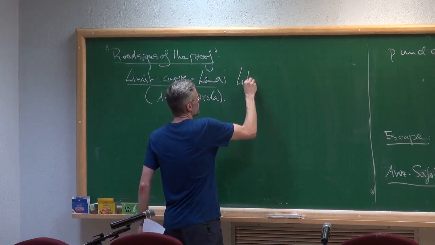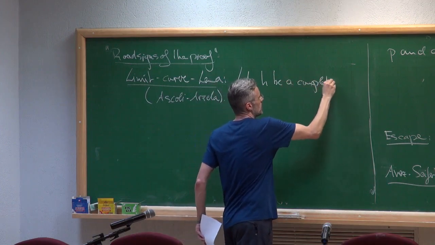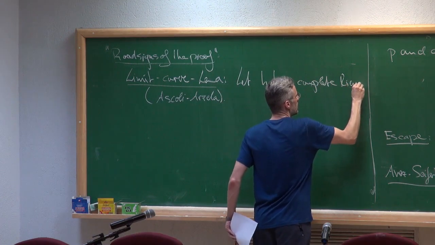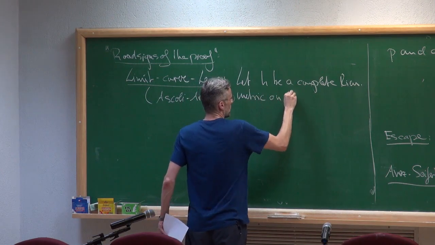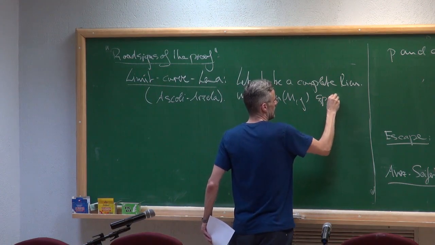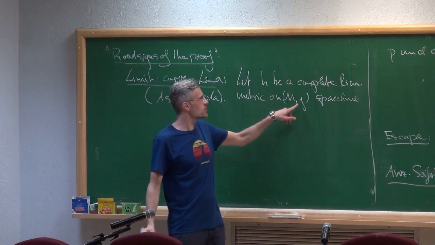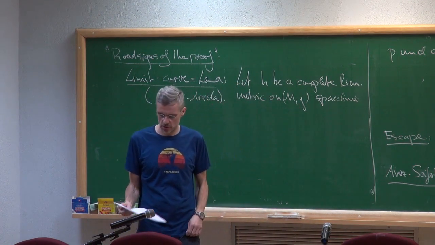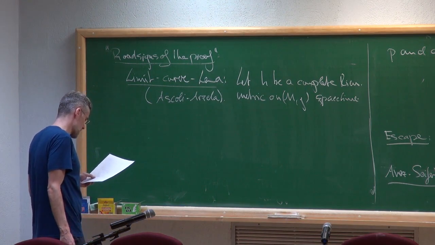So we let h be a complete Riemannian metric on a spacetime (M, g). h does not need to have anything to do with g. It's just there to say something about metric structures.